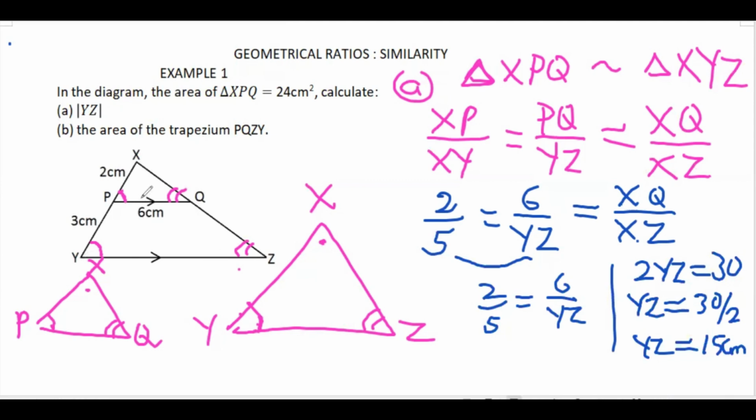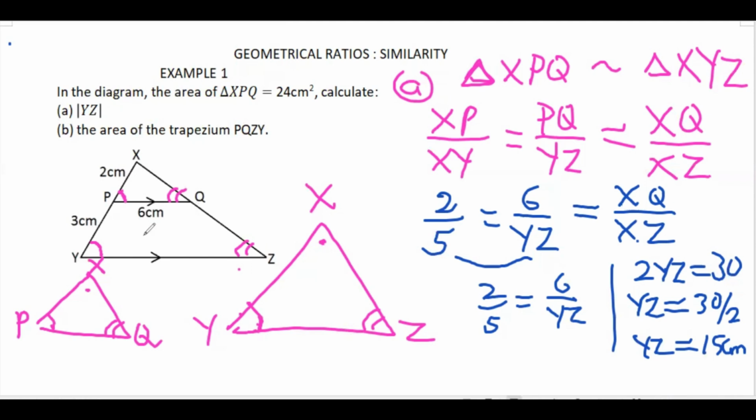But imagine that you know the area of the two triangles. We are given the area of XPQ, the smaller triangle, to be 24, and we can use that to generate the area of the bigger triangle. Once we know the area of the two triangles, if you detach this smaller triangle from the whole diagram, you are left with this trapezium.